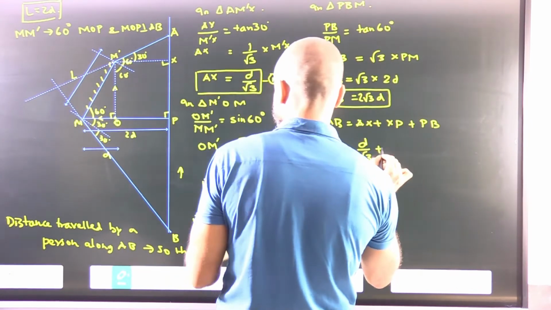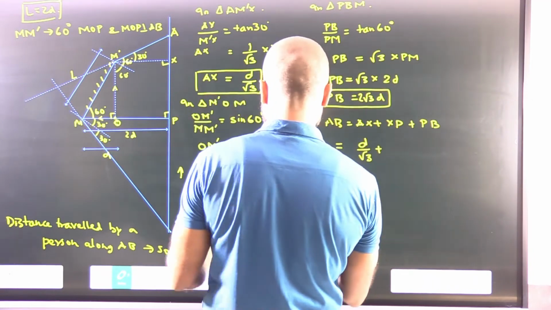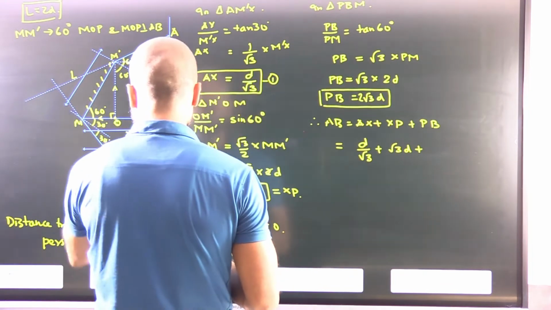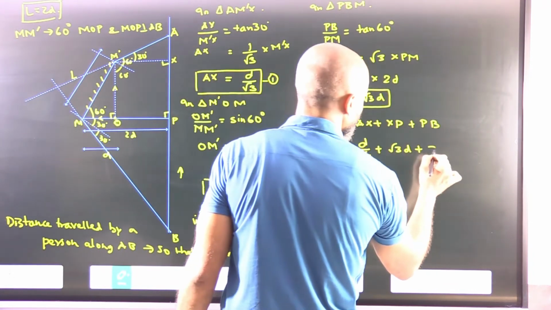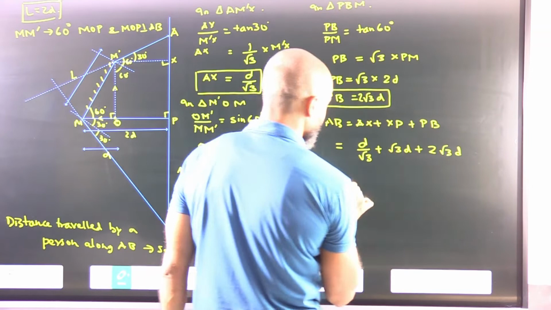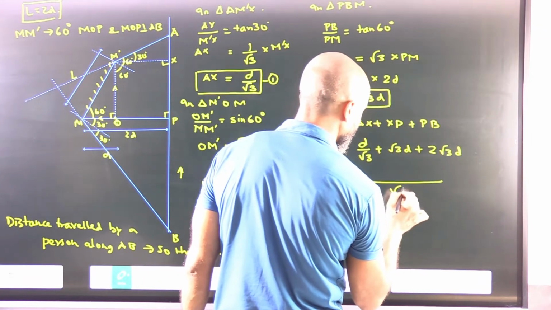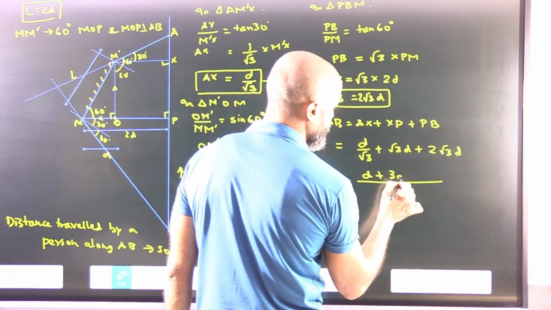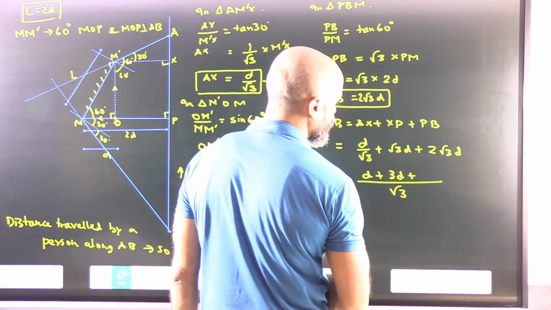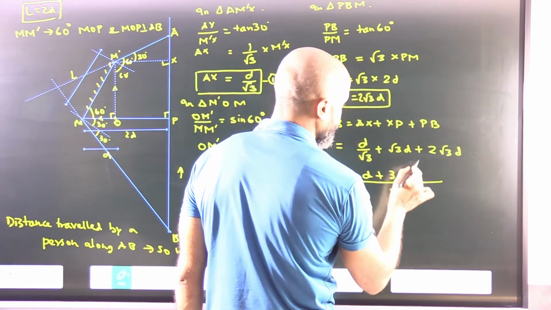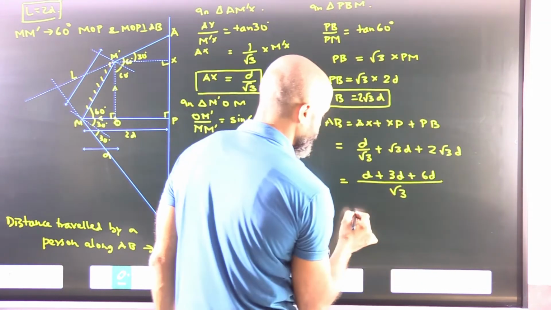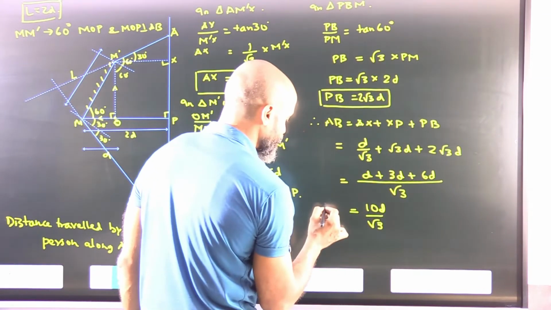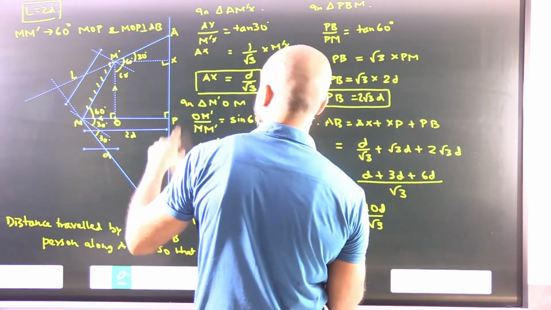XP is under root 3 D, plus PB, which is 2 under root 3 D. So we will have D by under root 3 plus 3D plus 2 under root 3 into D, so 3 into 3 is 9, 3 2s are 6D, so this is going to be 10D by under root 3. So this is the distance of A to B.